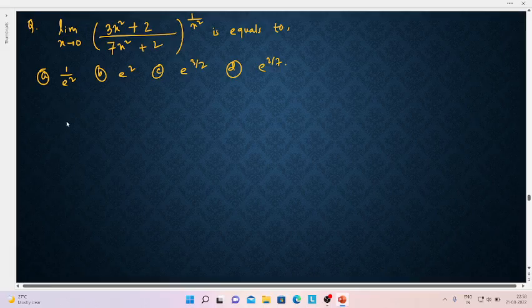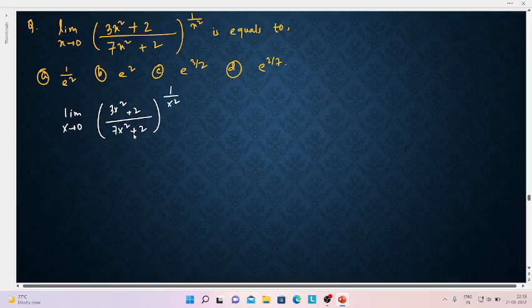So basically what we have is the limit as x tends to 0 of ((3x square plus 2) over (7x square plus 2)) whole to the power 1 over x square.